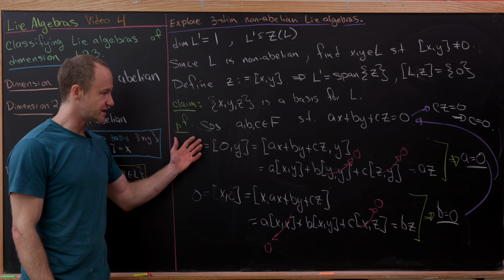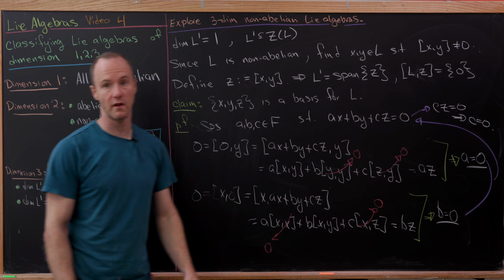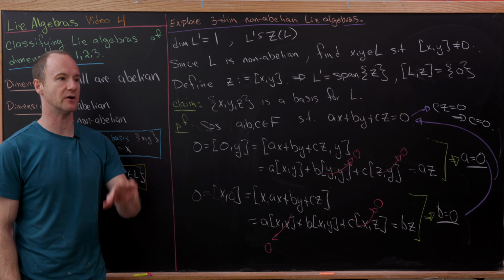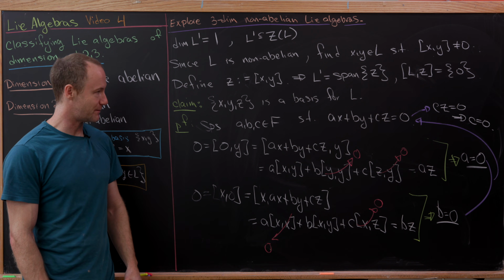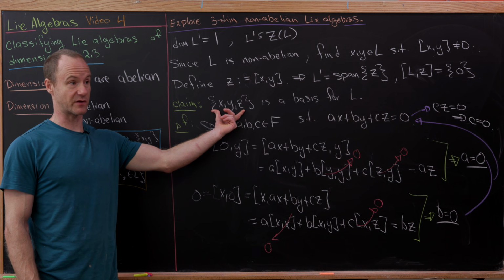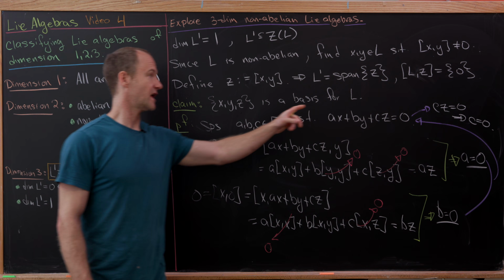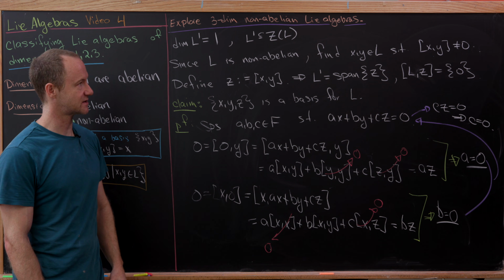Then using all of this calculation, we've shown that the weights for all of those vectors must be equal to 0. That's exactly the condition that we need for linear independence. So this is a linearly independent set of 3 vectors within a 3-dimensional vector space, meaning that it has to be the basis.